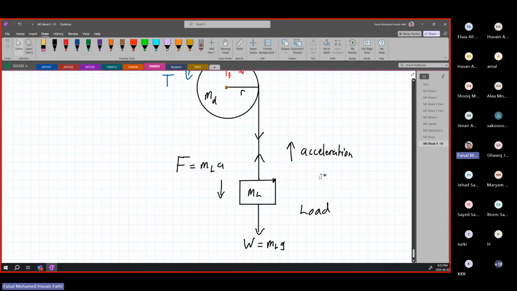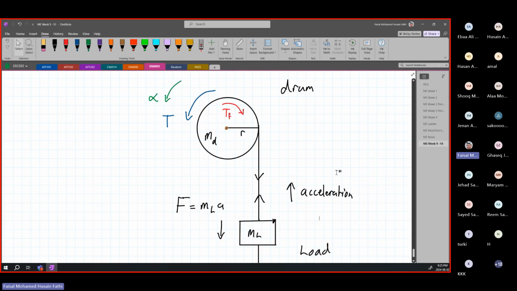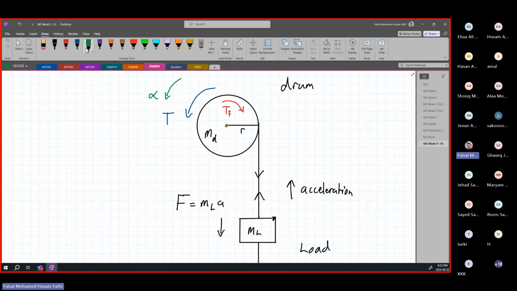Inertial force meaning its resistance to the motion of where it is going. The same thing is going to happen here. We are going to have an inertial moment known as I alpha, that is acting opposite to where alpha is. Basically this torque needs to overcome this inertial I alpha over here, depending on what the rotational acceleration of it is.